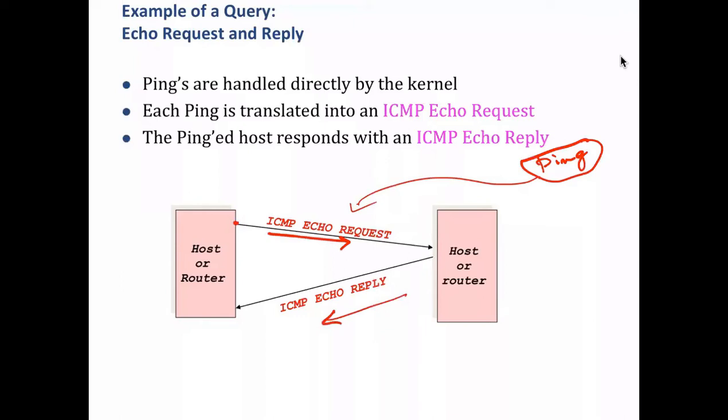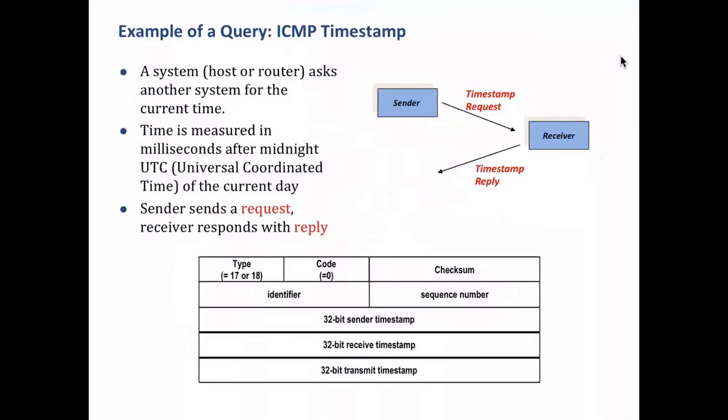Like you do ping from your terminal, giving one IP address of a machine. So this is how it is. Similarly, you can make a request for a timestamp, and the receiver will send a timestamp reply. You can try all this from your terminal.